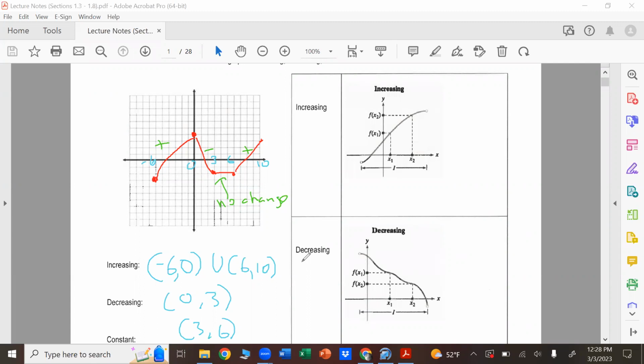So when you state the intervals, you're stating the x coordinates. So yeah, there's a little confusion here. Let me put this in the notes. When you do all this stuff here, let's go black. State.